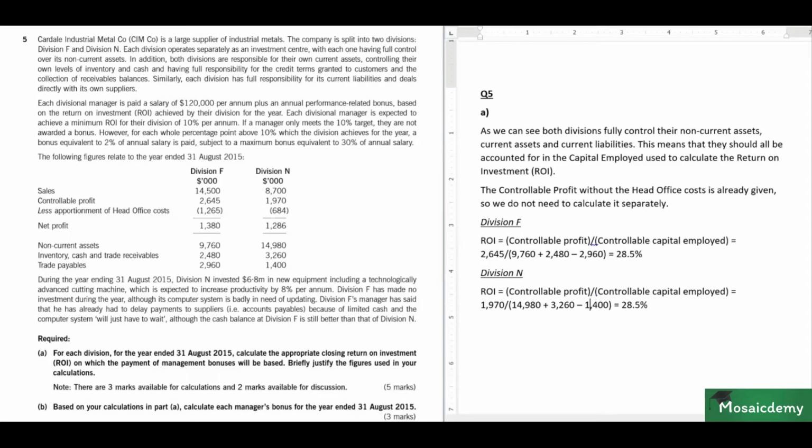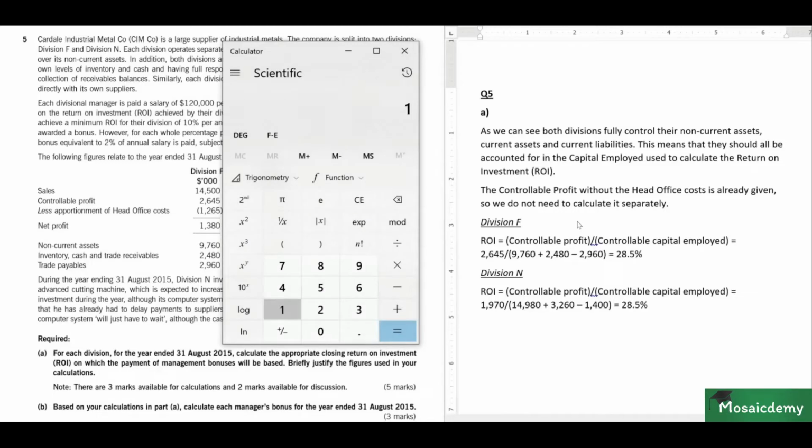Okay, so what does that give us? Let's just amend our calculation. 1970 divided by 14980 plus 3260 minus 1400. We end up with 11.69%, approximately 11.7%, right?